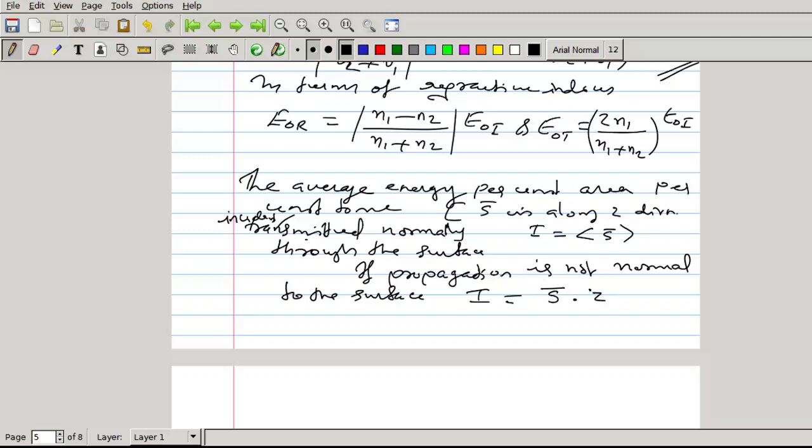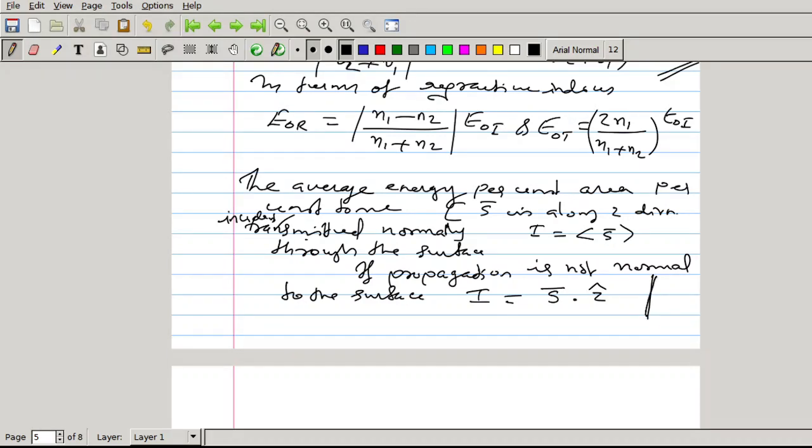The normal direction is z cap. So if it is not incident normally, then the intensity will be S dot z. S dot z represents the component of energy transmitted per unit area per unit time along the direction perpendicular to the interface. What is S? Vector S represents the energy per unit area per unit time transmitted along the direction of propagation of the wave.